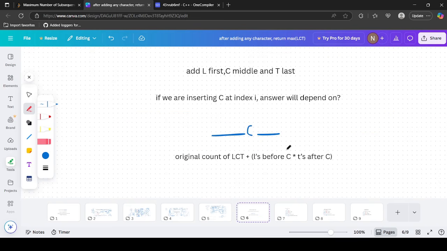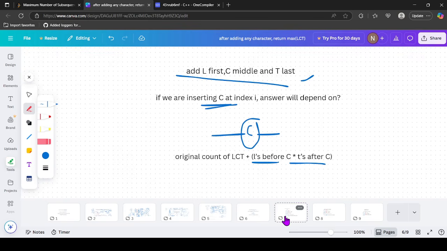So how can we get the answer now? We got the observation, so how do we find the answer? If we are inserting C at an index, the answer depends simply on the L's before C and the T's after C, which we discussed originally. So how do we find these?